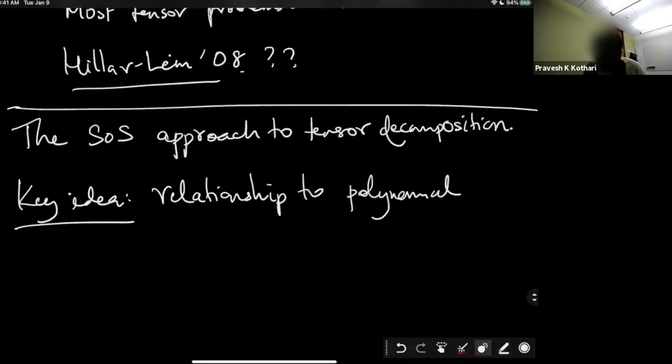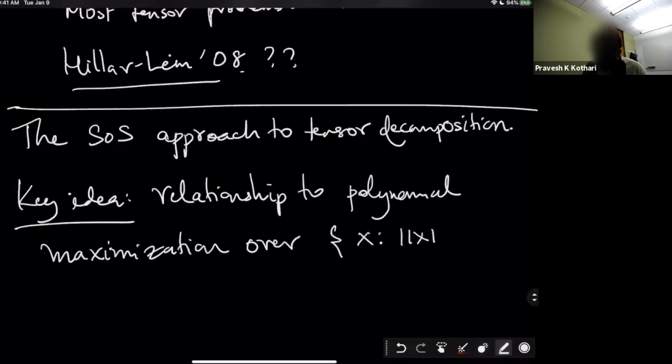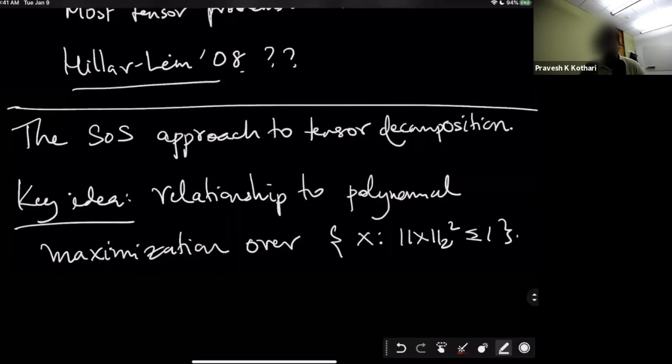Even more explicitly, polynomial maximization over the unit sphere, so over the following set: the set of all vectors of length at most 1. You'll see that one extremely fruitful way to look at tensor decomposition is to view it as a special case of the problem of finding maximizers of a polynomial over the sphere.